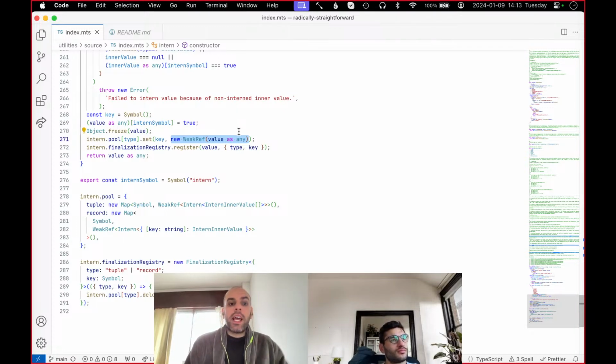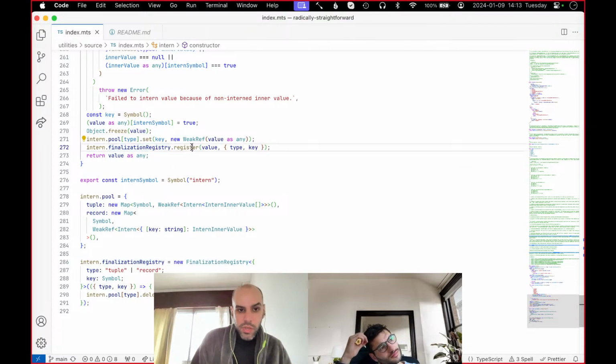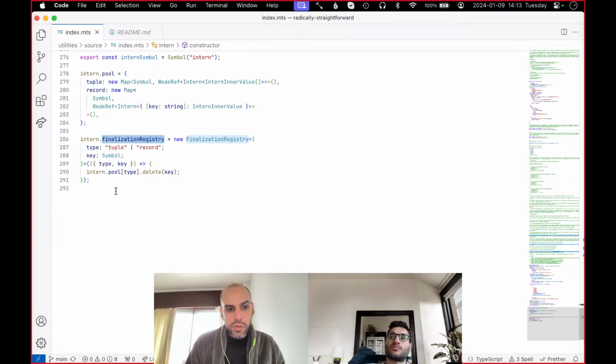And then I use the next thing that I didn't know about. It's called the finalization registry. This is a piece of code that will run when your value is garbage collected. So I have my finalization registry and I register my value. So when the value is garbage collected, then it will run the function in the finalization registry, which is to go into the pool and delete that key.